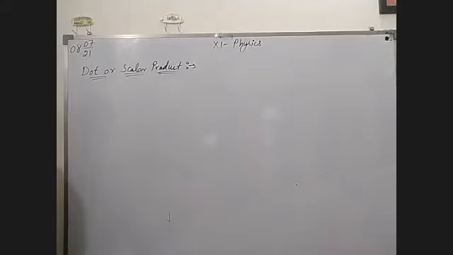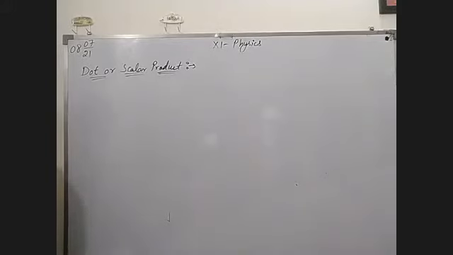The dot product of two vectors A and B is read as A dot B. Suppose you have two vectors. If you want to take the dot product of two vectors, then you read vector A dot vector B, and this can be calculated by this formula.